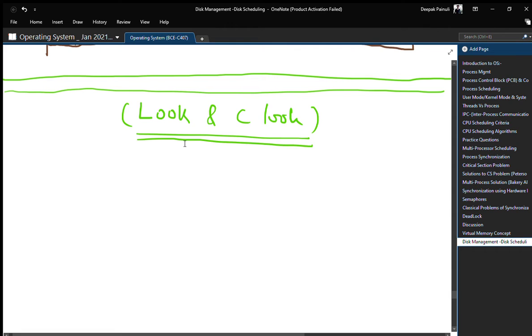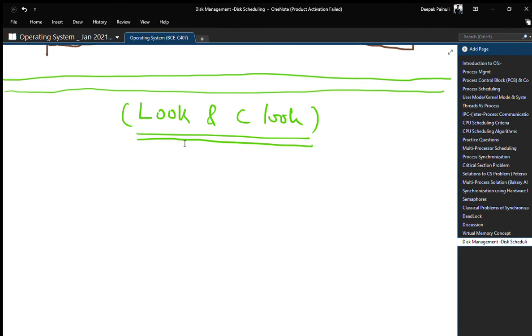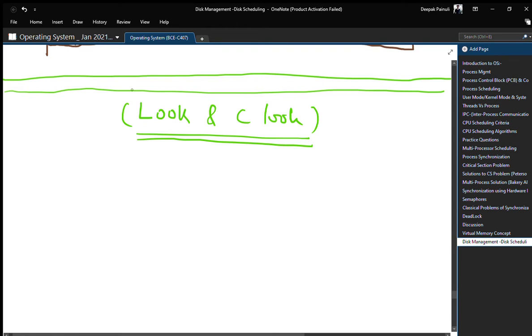It will move from the lowest number of cylinder to the highest number of cylinder, and from the highest number of cylinder to the lowest number of cylinder requested only. That means we will not go to the border.